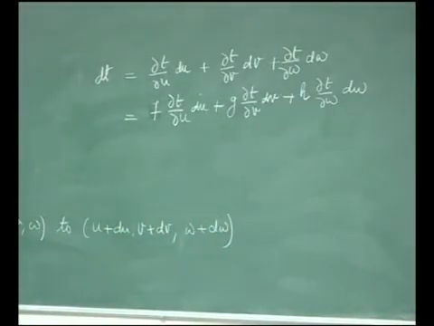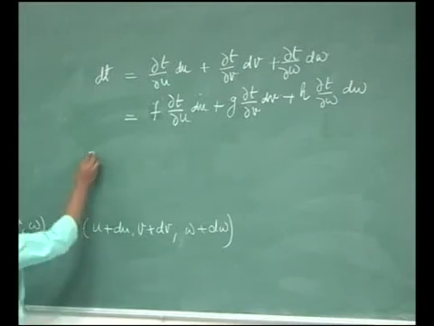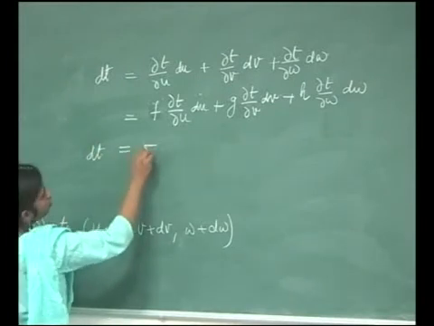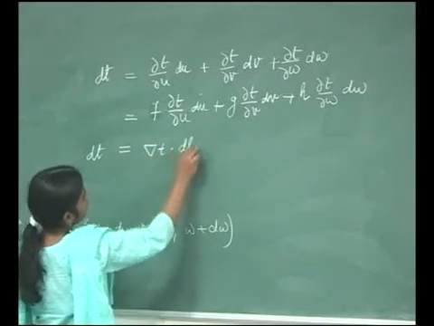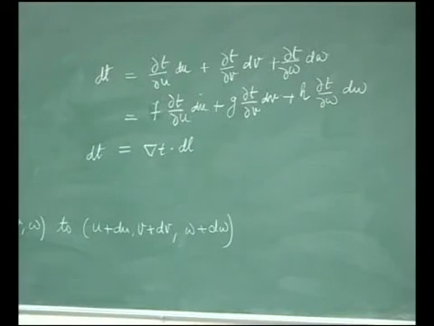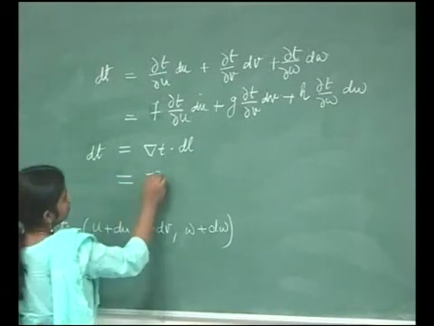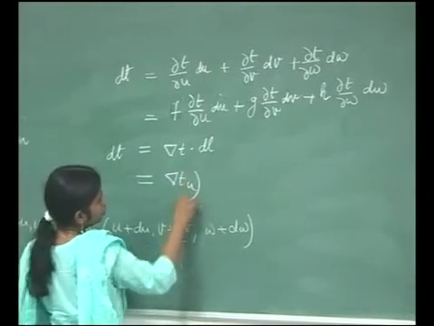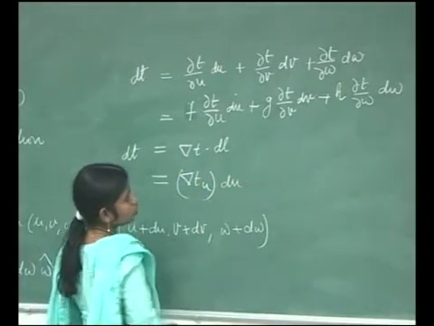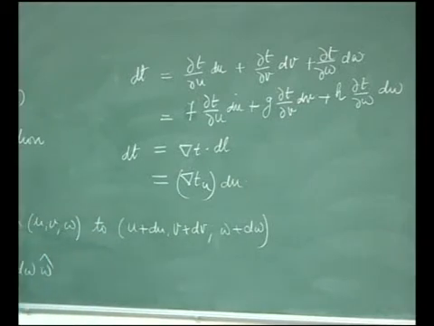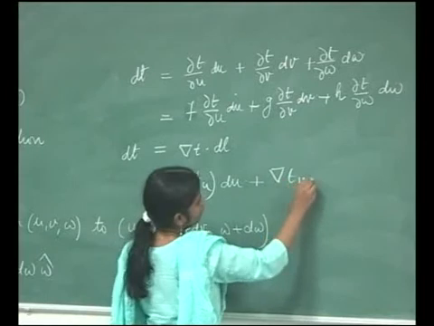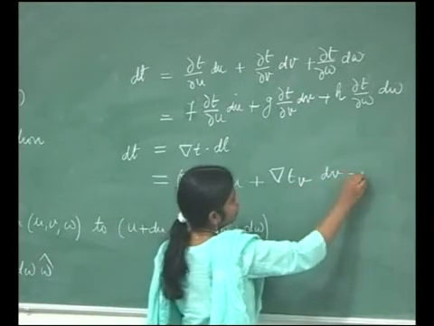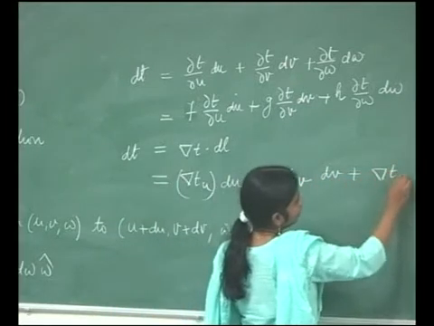Okay. Now I can write that dt is also equal to del t dot dl. Or I can write that this is equal to del t u du, okay, del t u dot du plus del t v dot dv plus del t w dot dw.